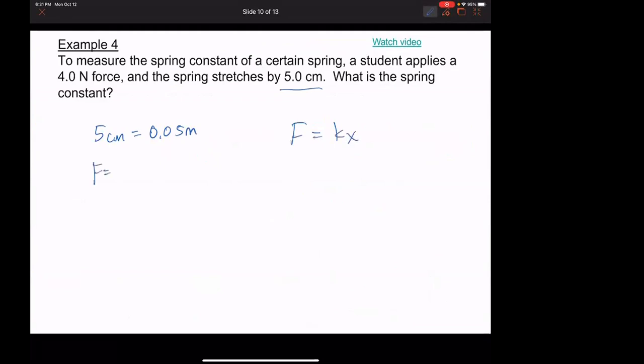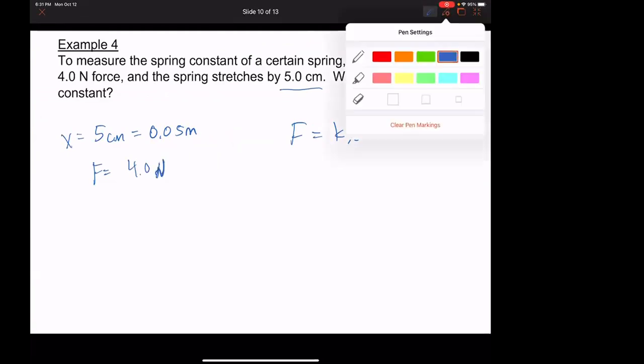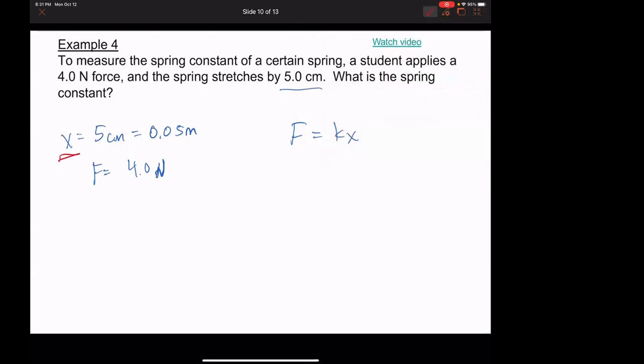Our force is 4.0 newtons, and we use an x for distance as a generic term. To find k, k equals F over x, 4 divided by 0.05, which is 80 newtons per meter.